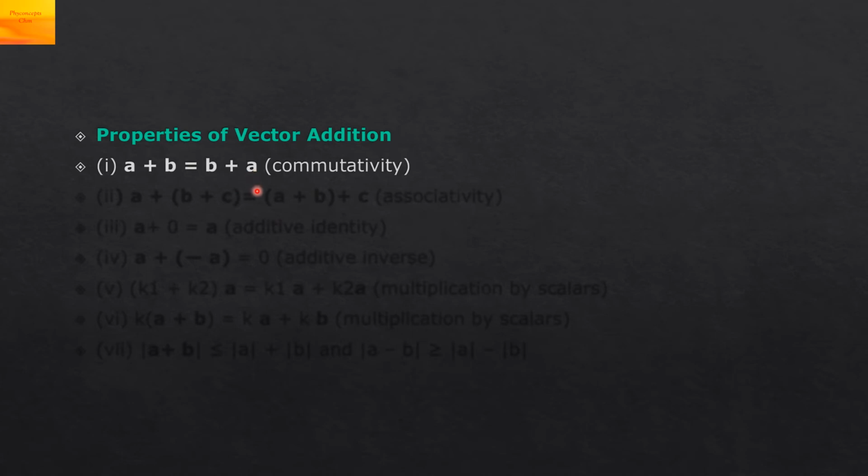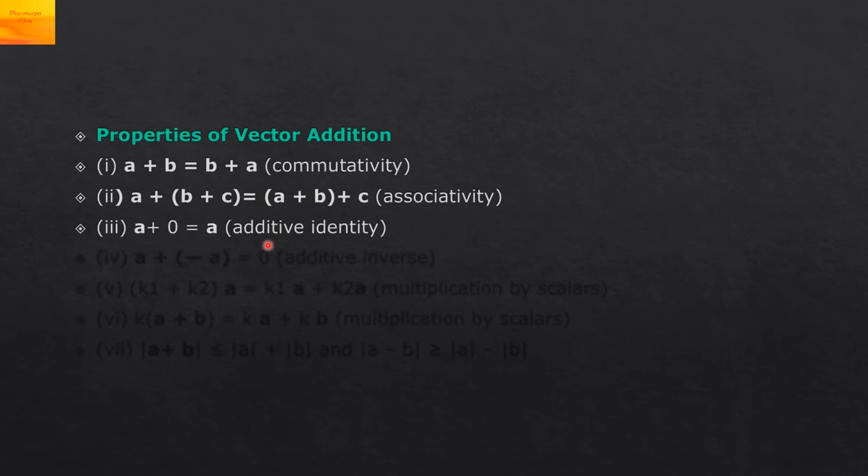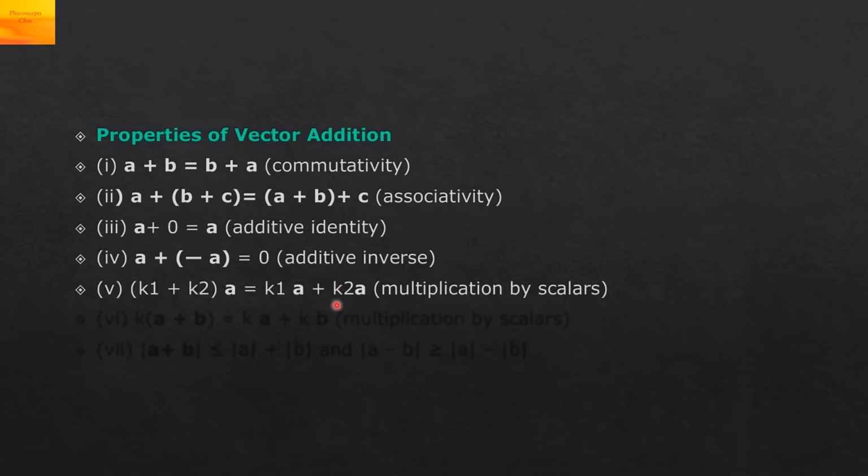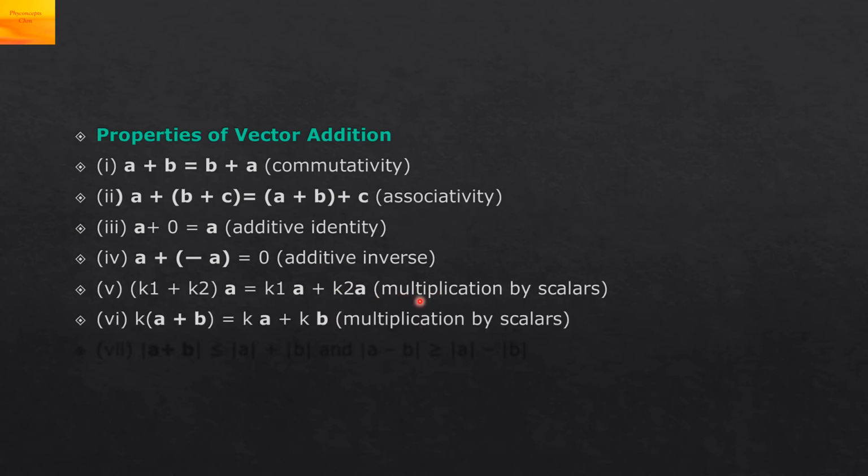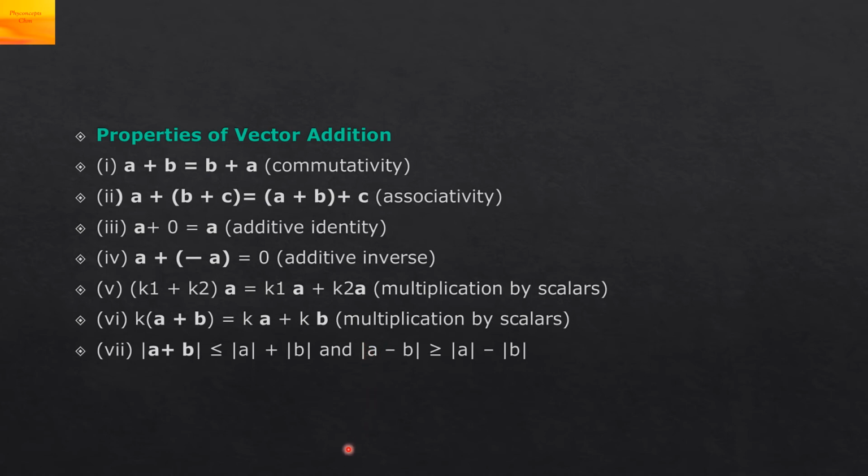You have different properties: commutative law, associative law, additive identity, additive inverse, multiplication by the scalars. These are the different properties of vector addition.